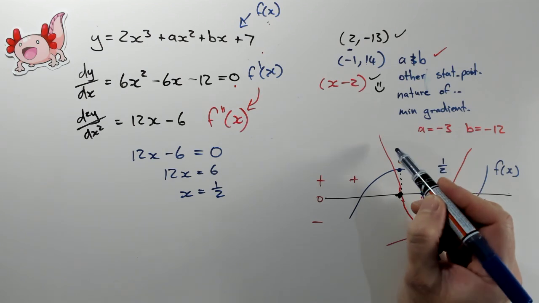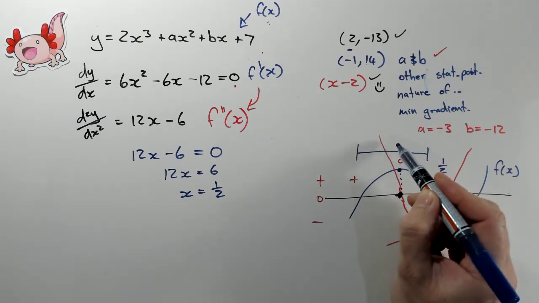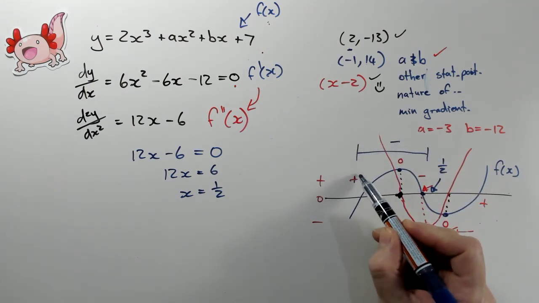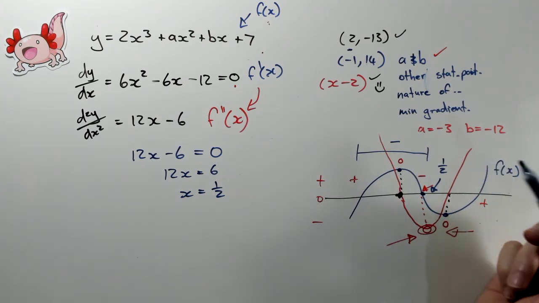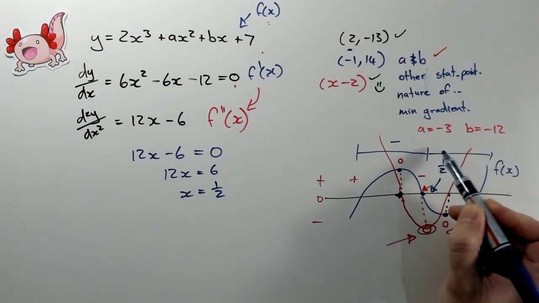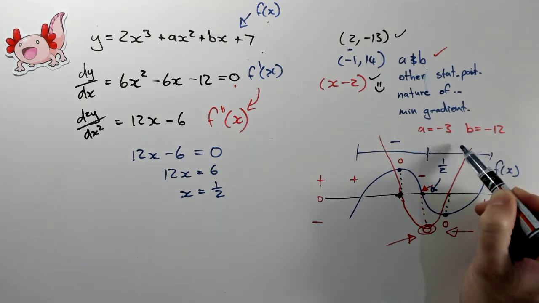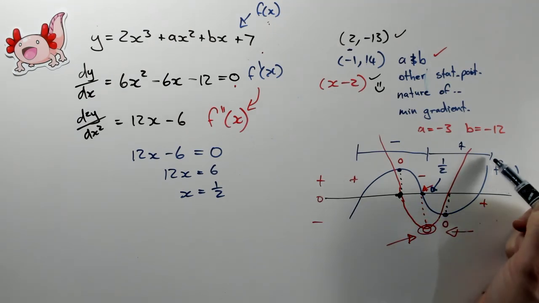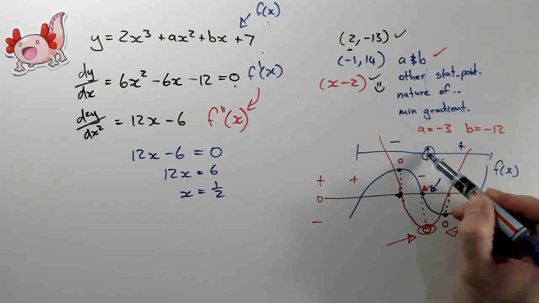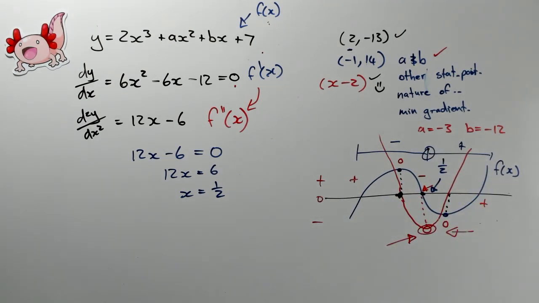Obviously from here to here, the function is decreasing, because we're going from a positive to a negative value. And then from here to here, it's actually increasing because it's going from negative back to positive. So that point where it changes is called the point of inflection. And that's where we would find the minimum gradient.